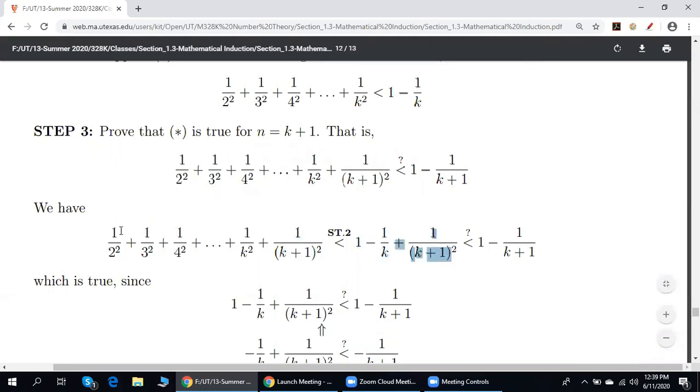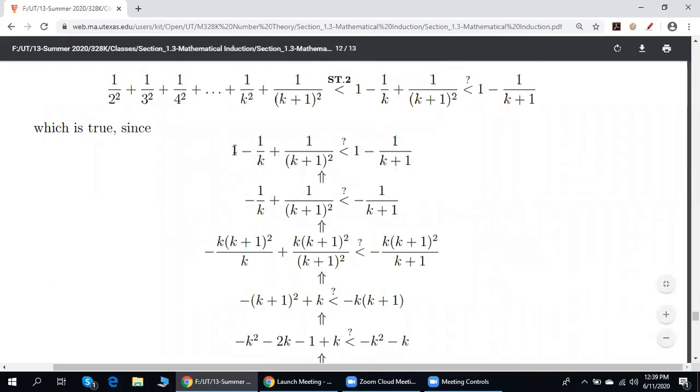So by step 2, this is lesser than this. But what we need is the following. We want to prove that this is lesser than this. Therefore, here's what is left. We want to show, question mark, that this term is lesser than this term. Copy it here. Done.